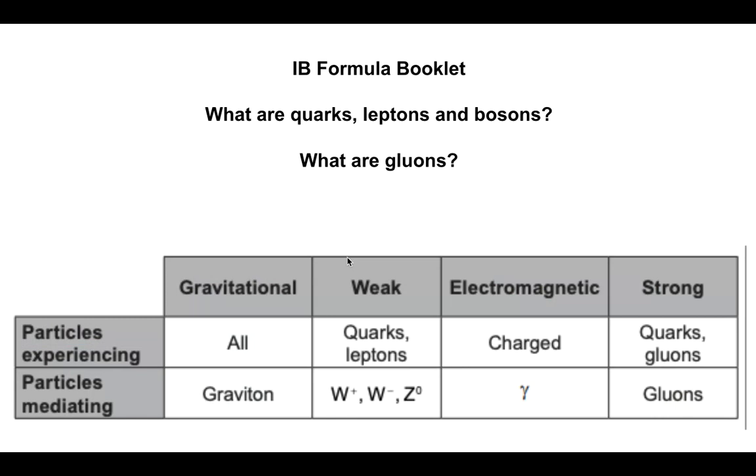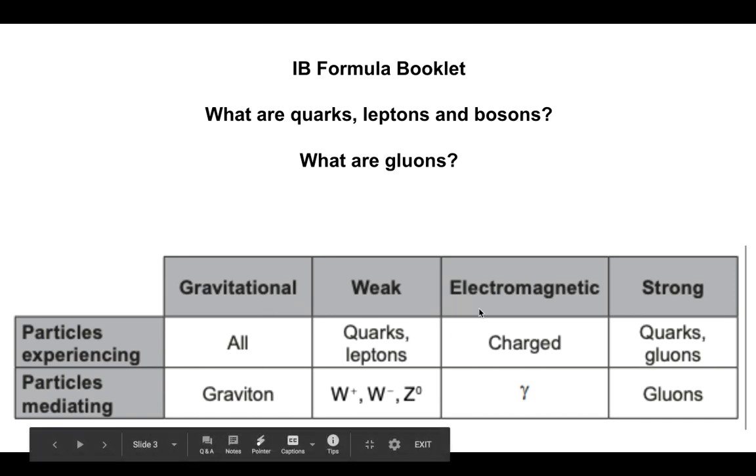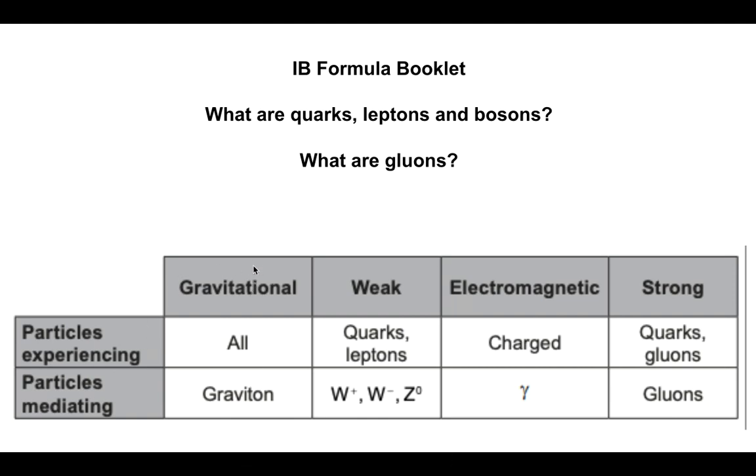Moving on. Now, the IB formula packet does talk a little bit more in depth about nuclear physics, and there's a whole section about these different forces. And the way this chart works is that these are the particles that experience these different forces. So every single particle in the known universe is affected by gravity.